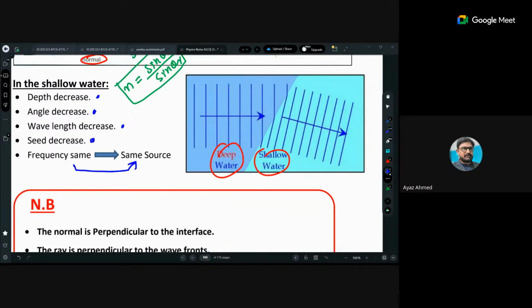This is very important. You have to keep these four points in mind whenever the water wave is entering from deeper water to shallower water. Definitely depth decreases, the angle with the normal decreases, and wavelength and speed decrease.